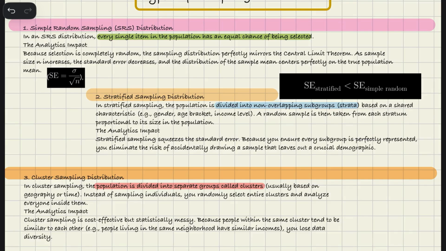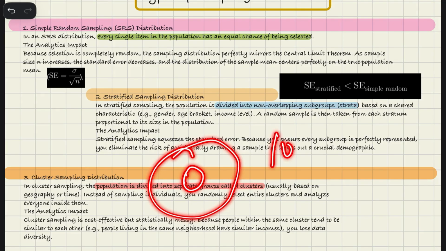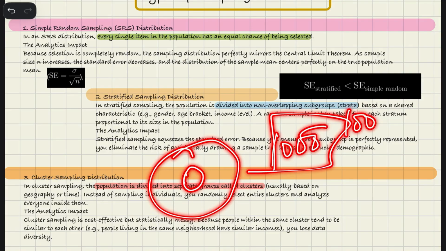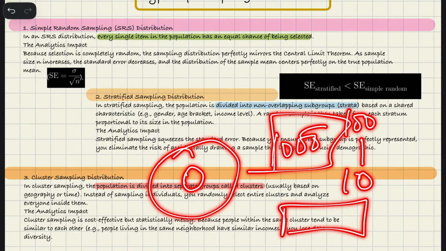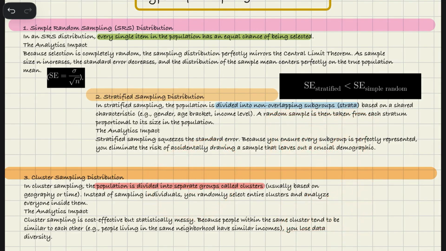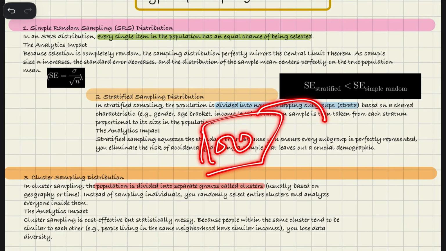So what is happening? Imagine a donut company manufactures 1,000 donuts per day and packs them into 100 boxes of 10 donuts each, and each box contains a random mix of glazed, chocolate and jelly donuts, and you are the quality control inspector. For stratified sampling, you would have to open all 100 boxes and take one donut out of every single box, right?